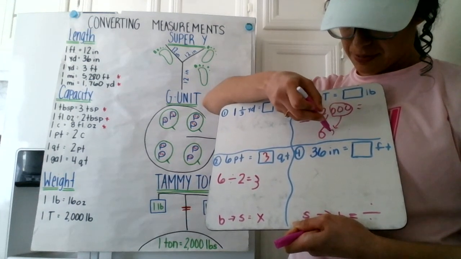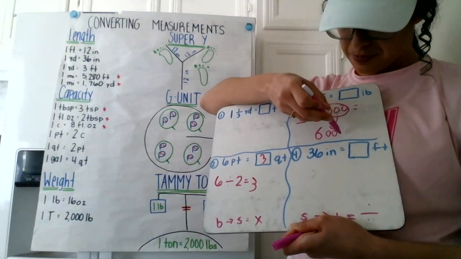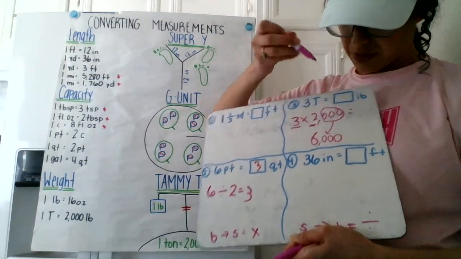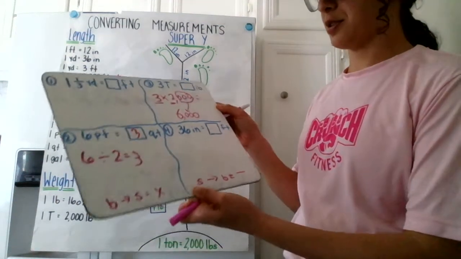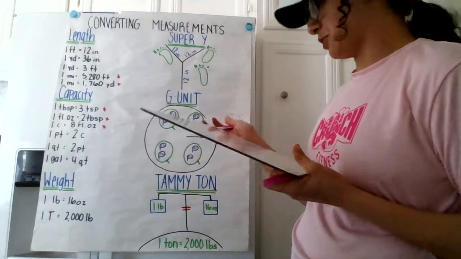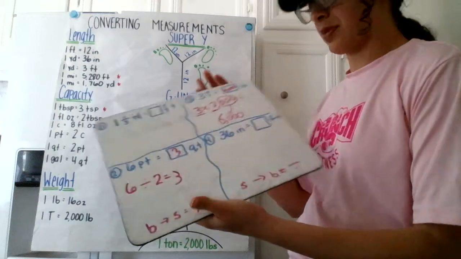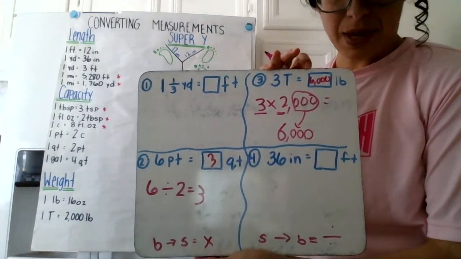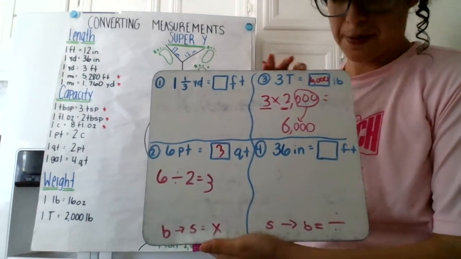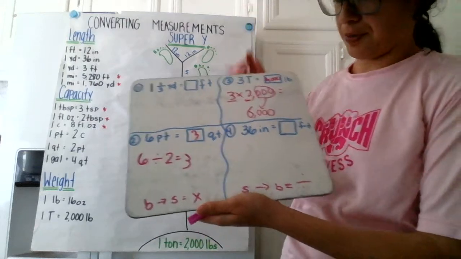Bring it down, right? Okay, so my answer is going to be 3 tons is equal to, I need to write really small, 6,000 pounds.